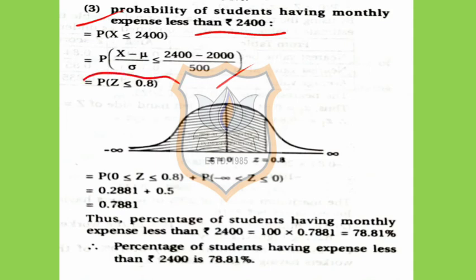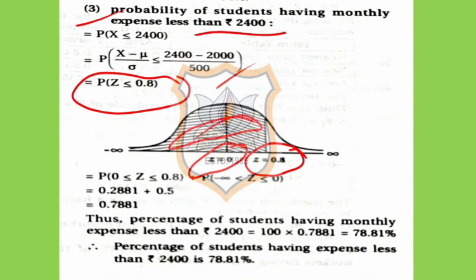So value will be probability of Z less than or equal to 0.8. 0.8 is positive. Central value is Z equal to 0. On the right hand side we will have 0.8 and we want the probability for Z less than or equal to 0.8. So that means this whole area we are supposed to find.